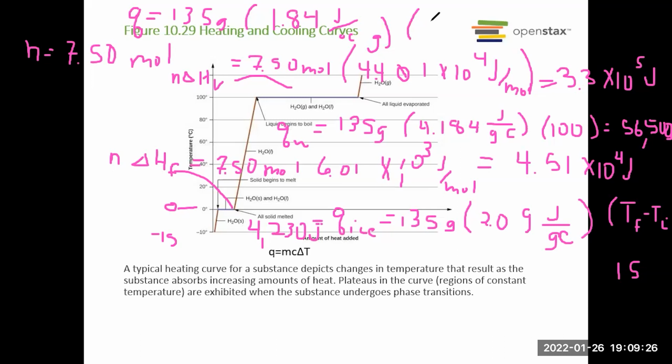And then we'll multiply that by the change in temperature, which is 20 degrees Celsius. Times 135 times 20.